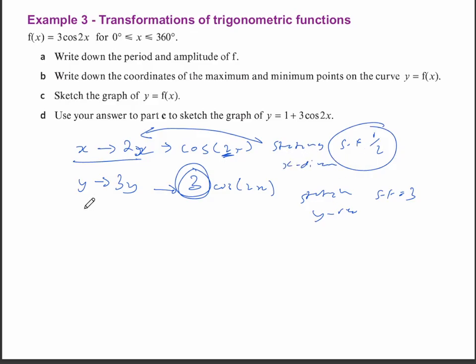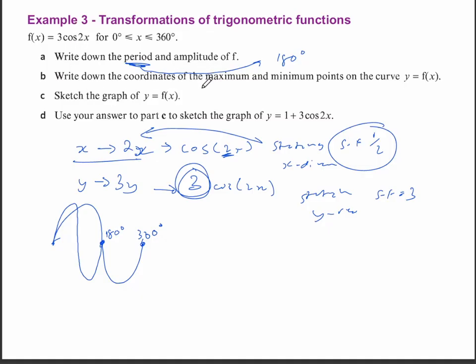So what this does is, if this was 360 degrees for one revolution, what this has done is it has stretched it by a half, meaning it has made it thinner, compact, and so it looks something like this now. And therefore one revolution is now 180 degrees. Therefore the period has changed, and it has now become 180 degrees instead of the original 360 degrees that is for cos x.